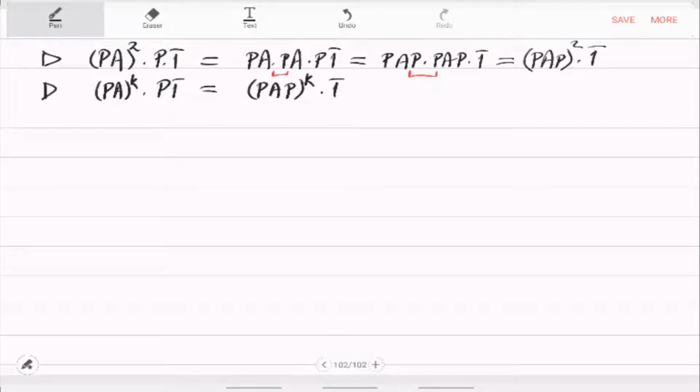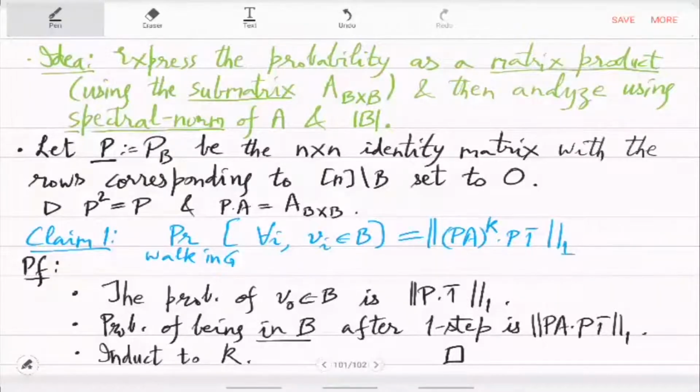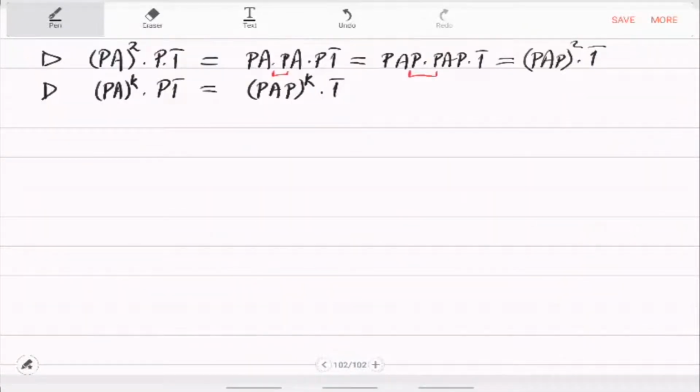You can think of this random walk restricted to B as matrix powering of P times A times P. I should say here that PAP means you multiply on the left and on the right, so you have restricted both rows and columns to B, and that is what will be relevant now. We'll be looking at powers of PAP.